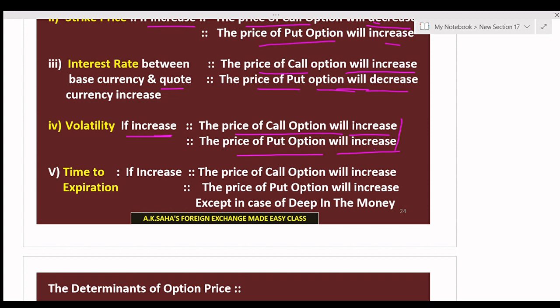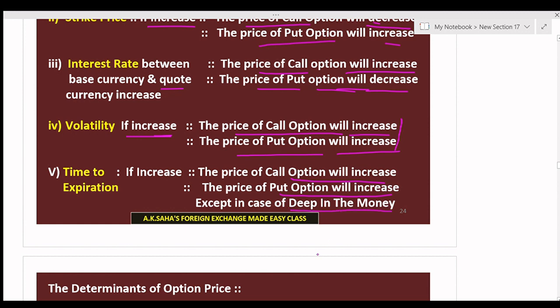So if time to expiration increases, the price of the call option will increase and the price of the put option will increase, except in the deep in the money position.